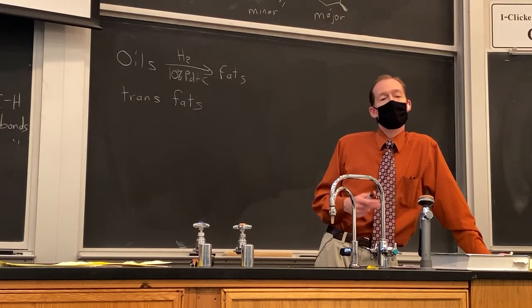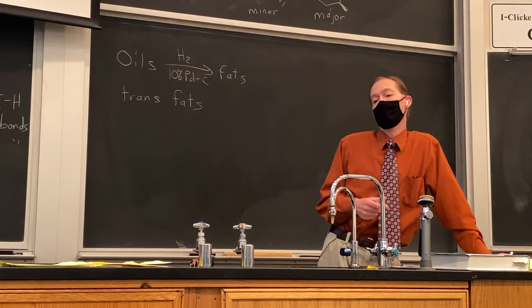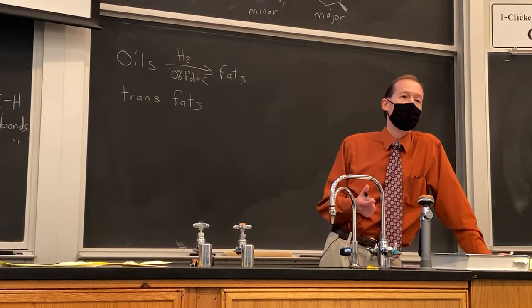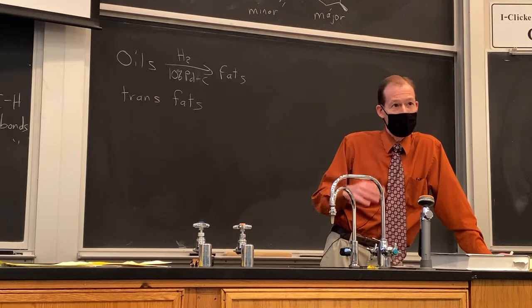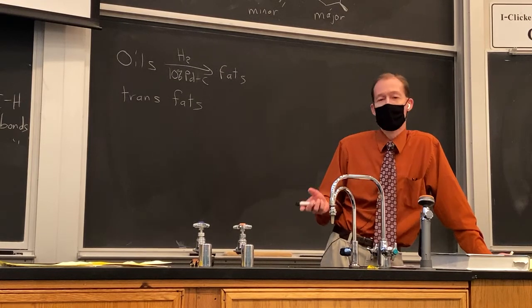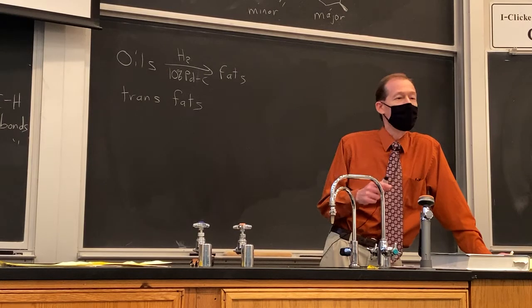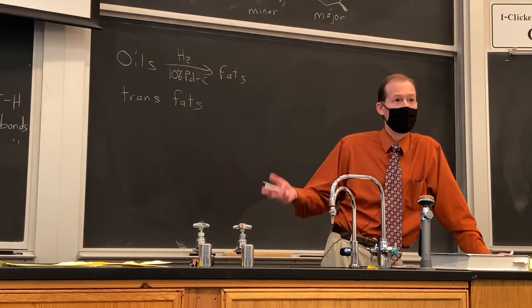Once the negative health impacts of trans fats were discovered, food companies invested effort into tweaking the reaction conditions to minimize that isomerization. If you change the catalyst, the pressure of hydrogen, or various reaction parameters, you can minimize the production of the trans fats.